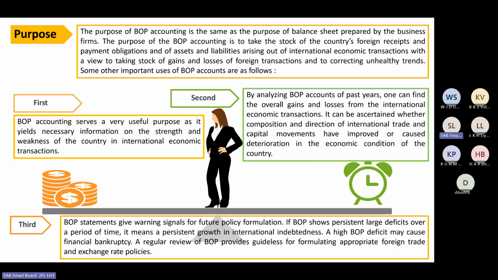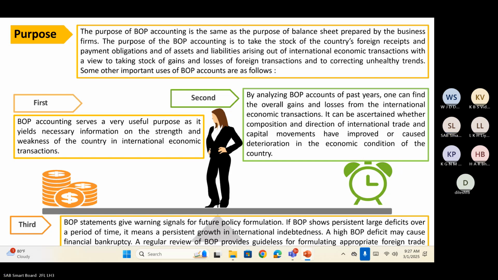Likewise, countries can understand what direction they are heading. Third, the balance of payment statement gives warning signals for future policy formulation. If the BOP shows a persistent large deficit over a period of time, it means persistent growth in international indebtedness. A high BOP deficit may cause financial bankruptcy.